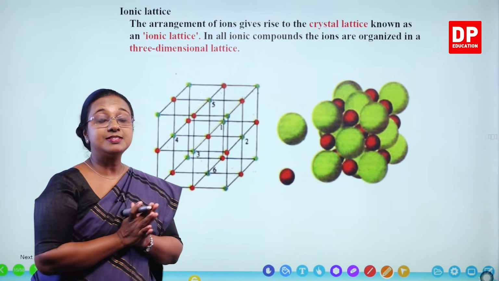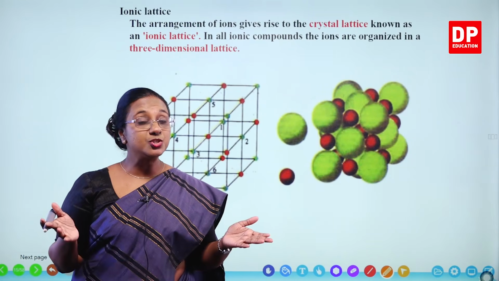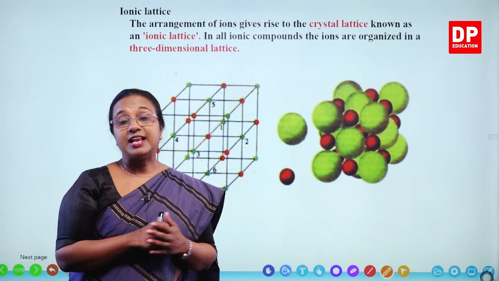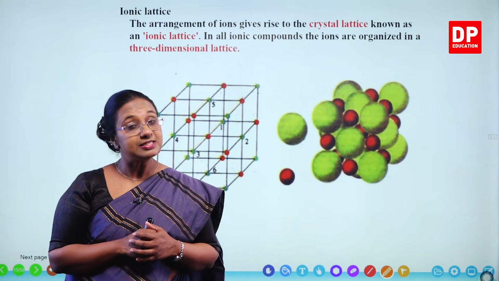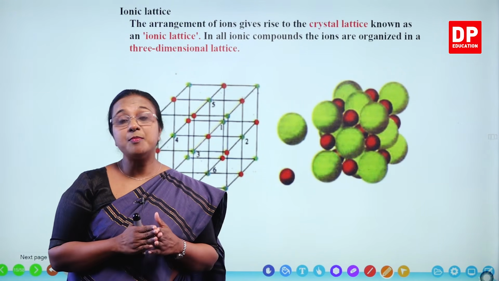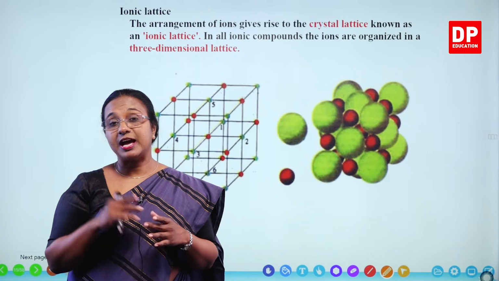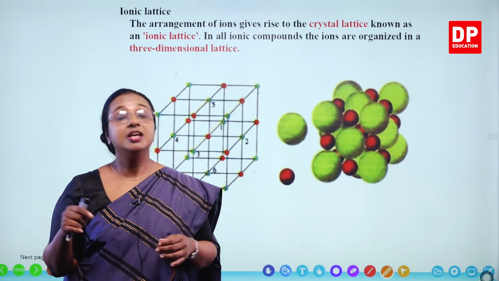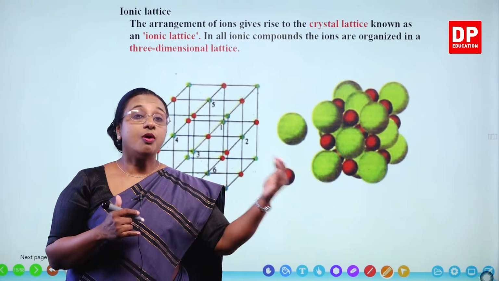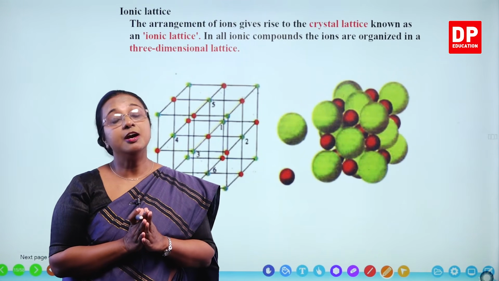Why do we say crystal lattice? You have seen sodium chloride at home, the common salt. If you look at the structure, it has a crystalline structure. You know the difference between crystalline and amorphous forms. So the ionic compound sodium chloride has a crystalline structure. Same as that, all the ionic compounds exist in the crystalline form.